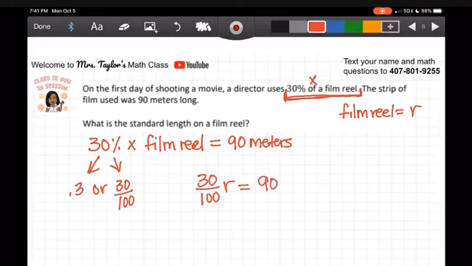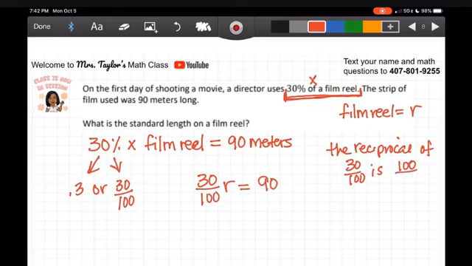Now, to solve this problem, I need to multiply both sides by the reciprocal of my fraction. So y'all remember reciprocal? So reciprocal, let's say the reciprocal of 30 over 100 is 100 over 30.